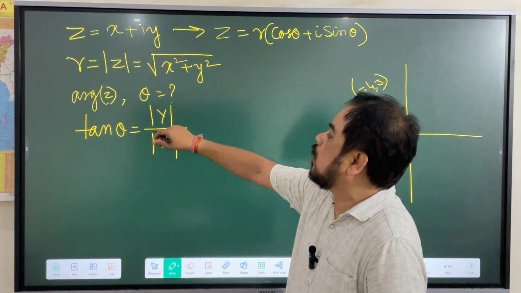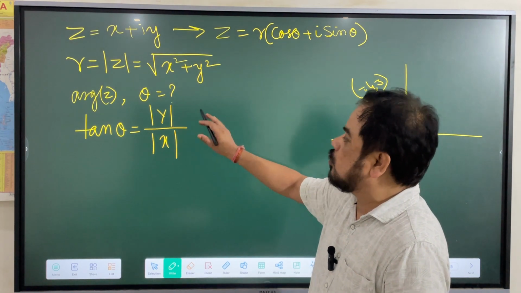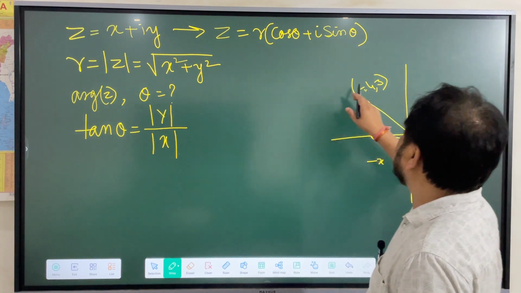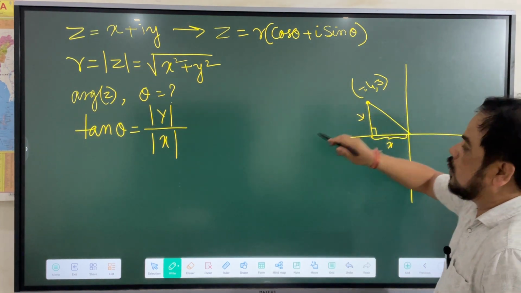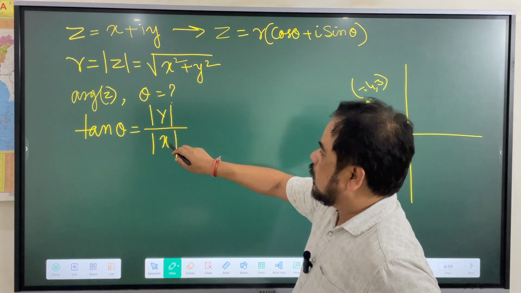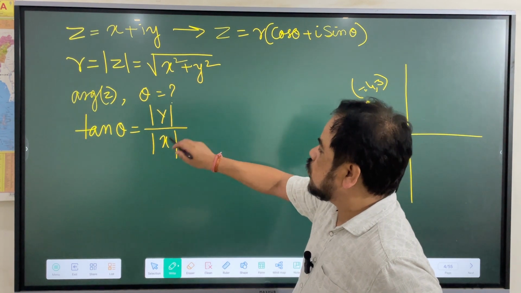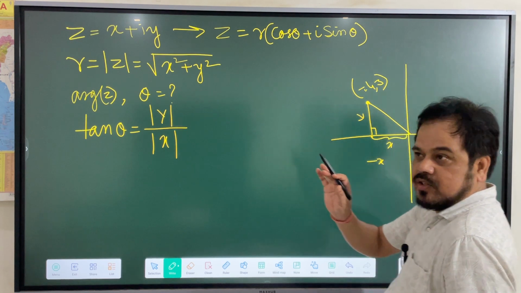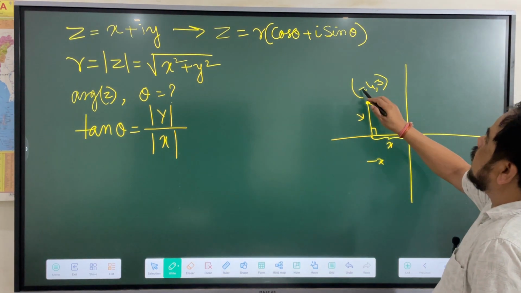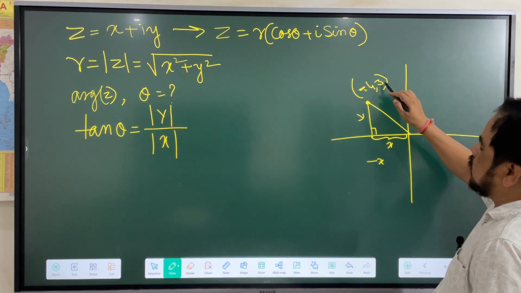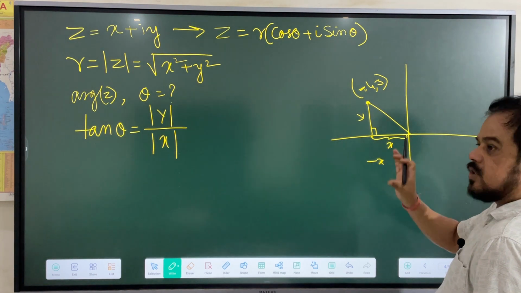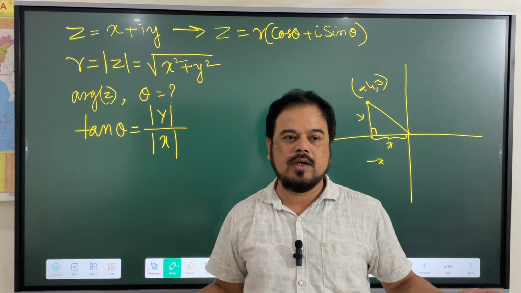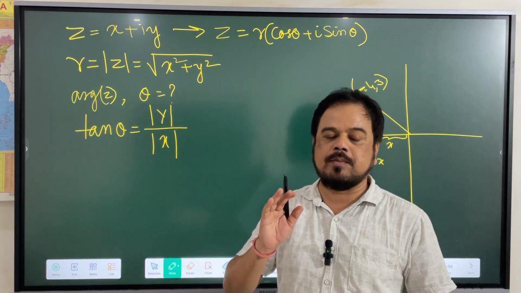That is why this mod of x, y is written, this will be always positive. In place of y, suppose minus 4, this will be 4 only. Here in place of x, minus 4. So here you have to write 4. So modulus is used to get it positive. Modulus is used only to get positive, there is nothing else. Distance will be, here the coordinate, the point is negative and positive, but distance is positive always. Whether you count upward, downward, left side, right side, distance will be always positive.